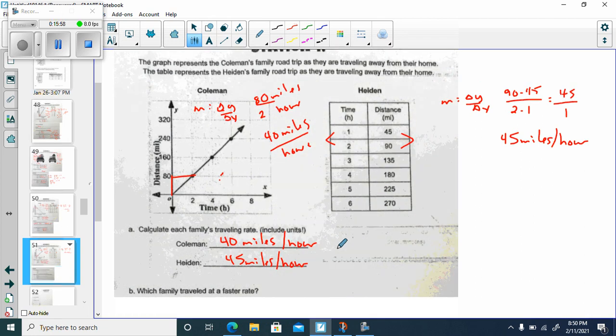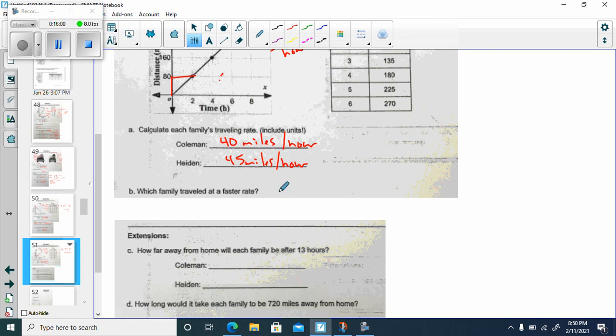Which family traveled at a faster rate? That would be the Hayden family. They're going 45 miles per hour. Colemans are going 40.